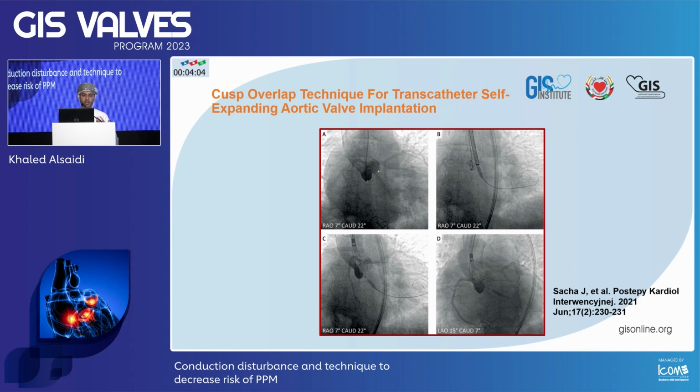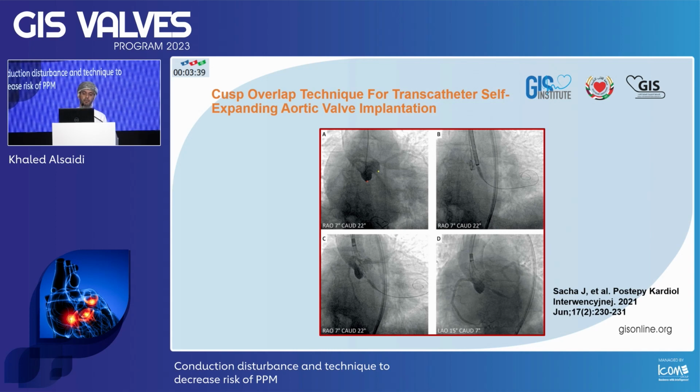Usually you start implanting from the top, and you keep the marker band mid-pigtail. So the idea is to do top-down deployment. Instead of going into the ventricle and trying to retract the delivery system as you deploy, messing up with the conduction system, you start from above and avoid the conduction system altogether.